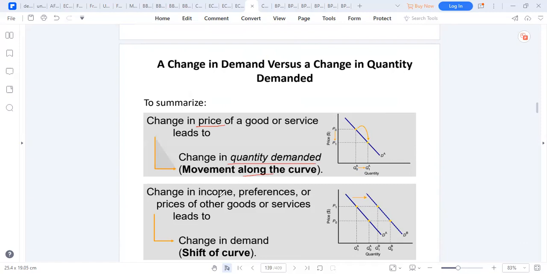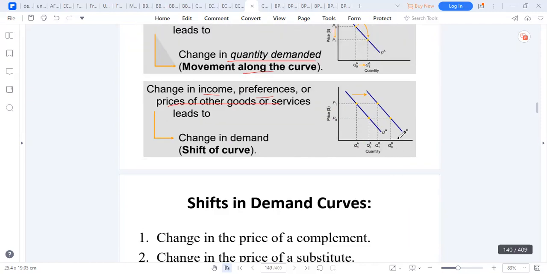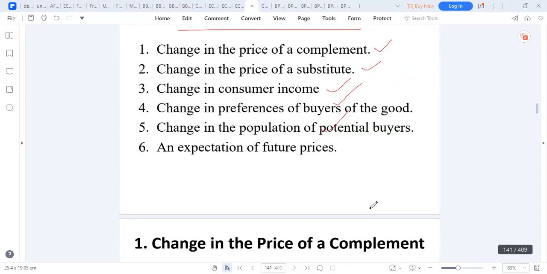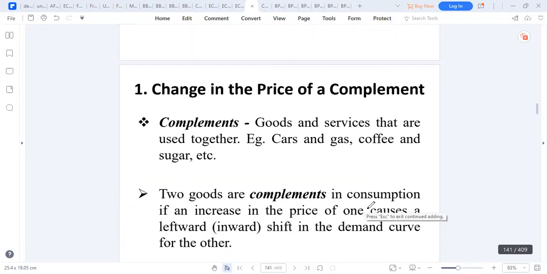So if there's a change in income, preferences, or price of other goods, it will lead to a shift from one demand curve to another. So shifts in demand come about because of changes in the price of a complement or a substitute, or changes in income, changes in preferences, or population. In terms of complements, goods and services always move together.